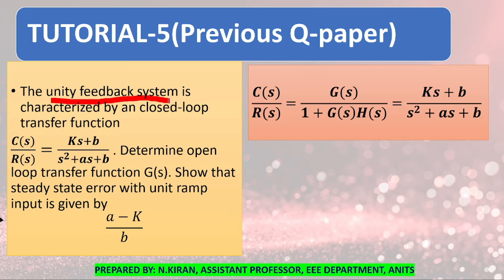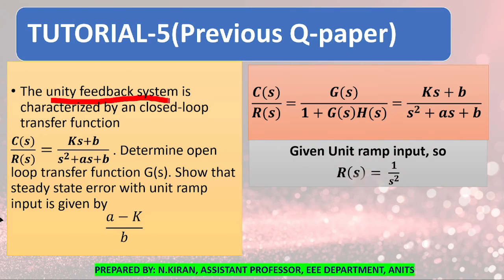So I'll cross multiply this expression, and R(s), since unit ramp input is given, is 1 by s square.